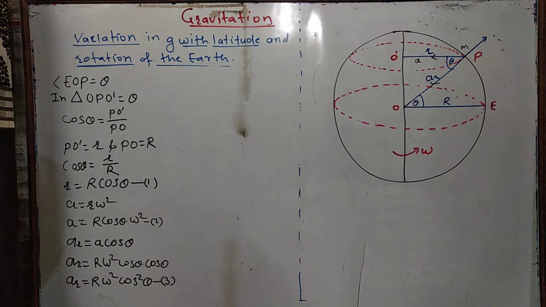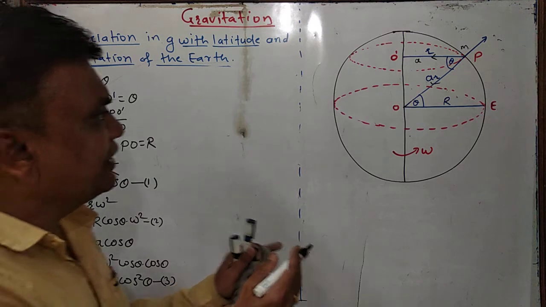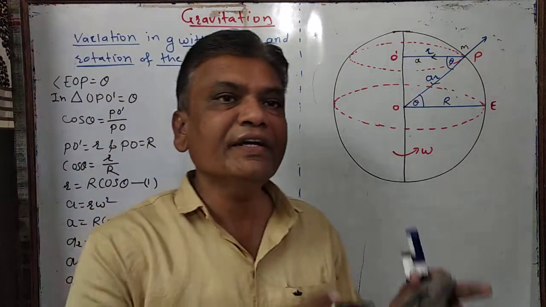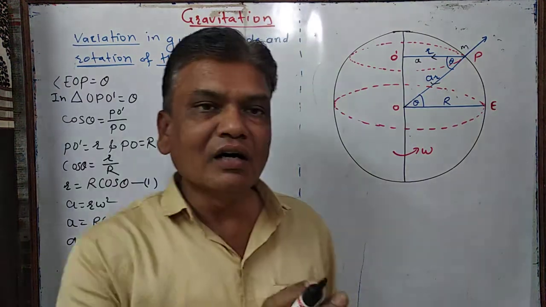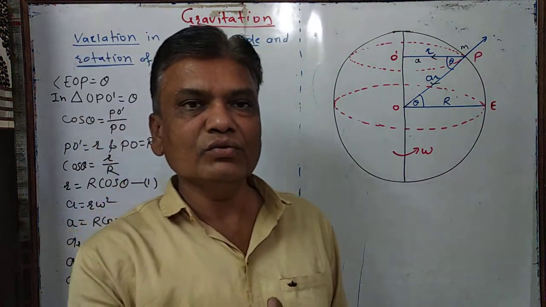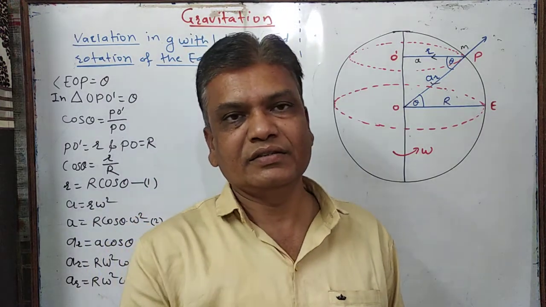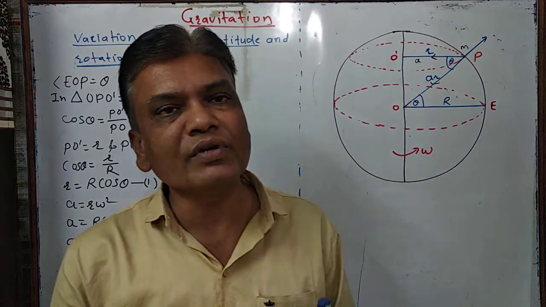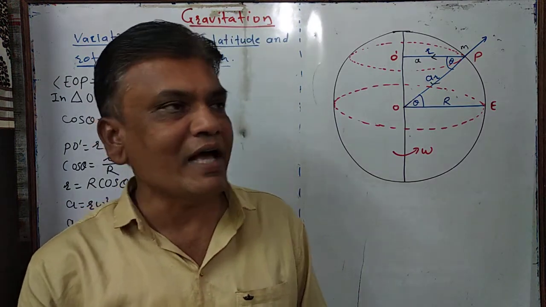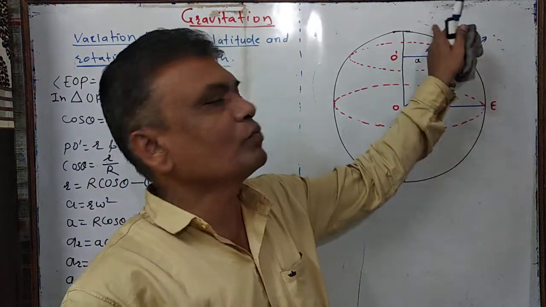Now we will find the effective acceleration due to gravity. Why effective? Because the Earth rotates. Due to the rotation of the Earth, there is a change in g. Acceleration due to gravity changes as we go from equator to pole.